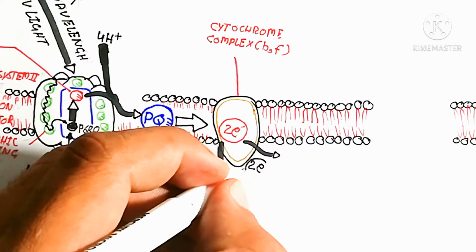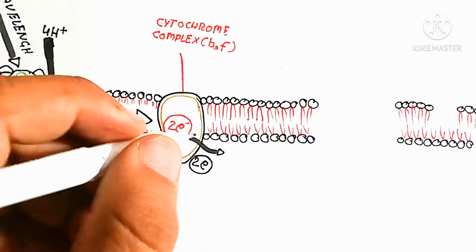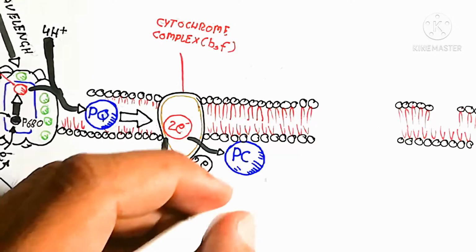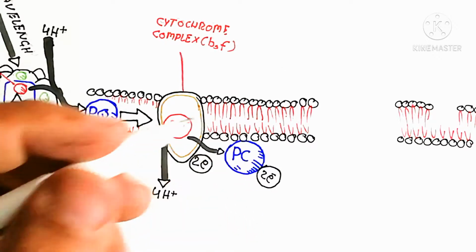So remember that the proton level in the stroma decreases, while the proton level increases inside the thylakoid space.